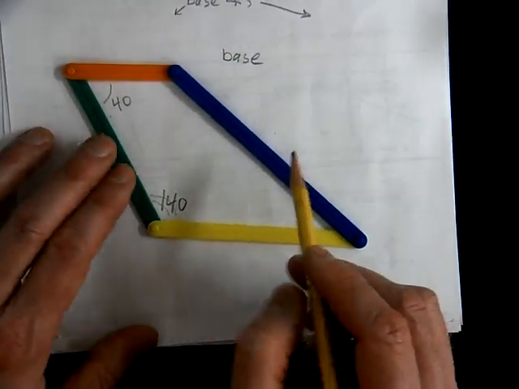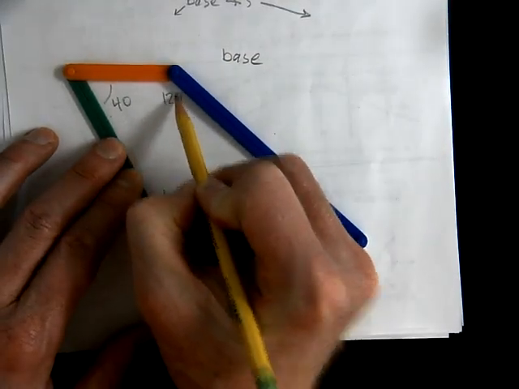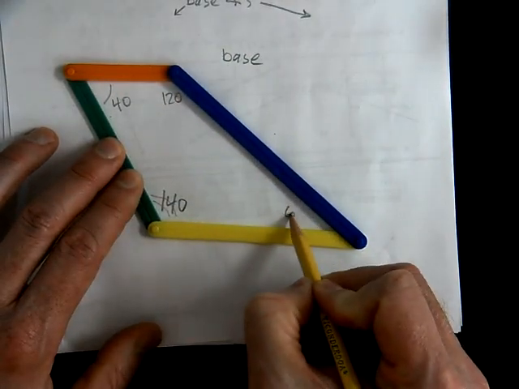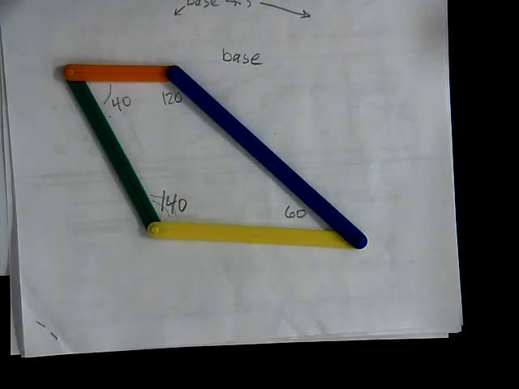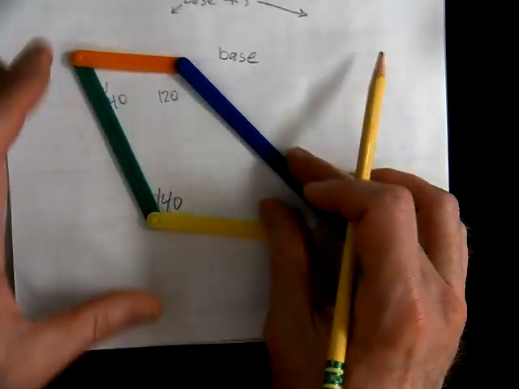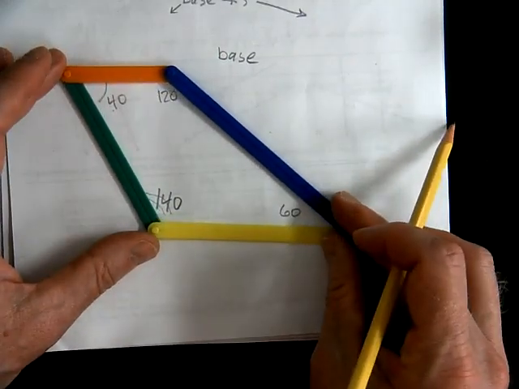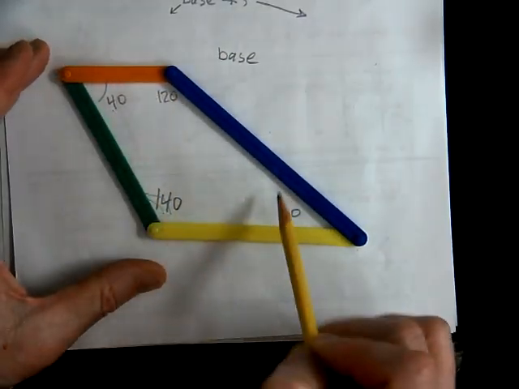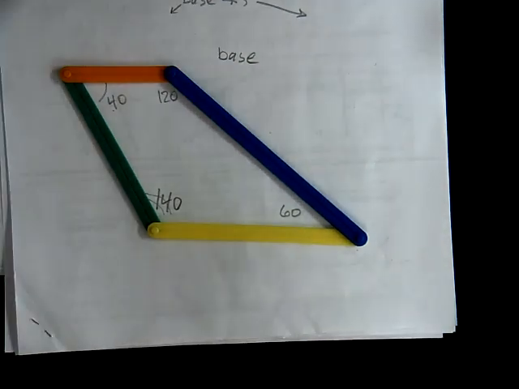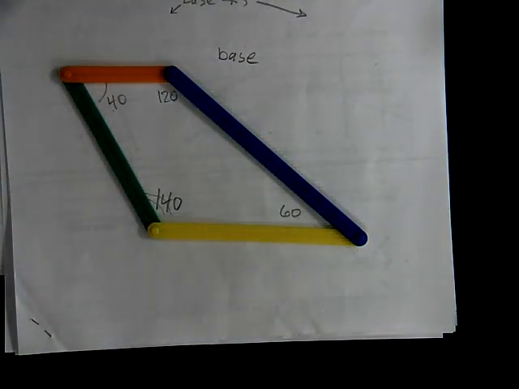That's true about every trapezoid. So if this is 120, then you know that this has to be 60. I'm sorry, all of them have to add up to 360 because it's a trapezoid. That's true about every trapezoid.